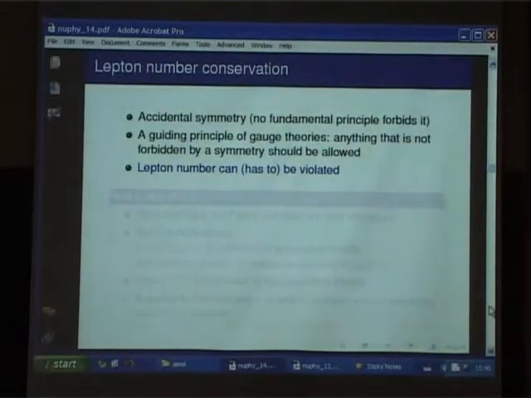Every time we study the standard model, we always study it at the perturbative level. No? We look at Feynman diagrams. That is perturbative, and as you said, we cannot draw a Feynman diagram which violates lepton number. Okay. However, what is the standard model? The standard model is this big Lagrangian that we wrote down. The Lagrangian gives rise to equations of motion, and all solutions of these equations of motion are parts of the standard model.